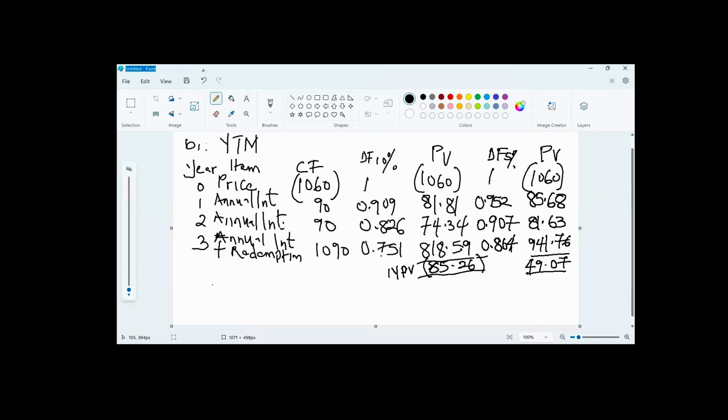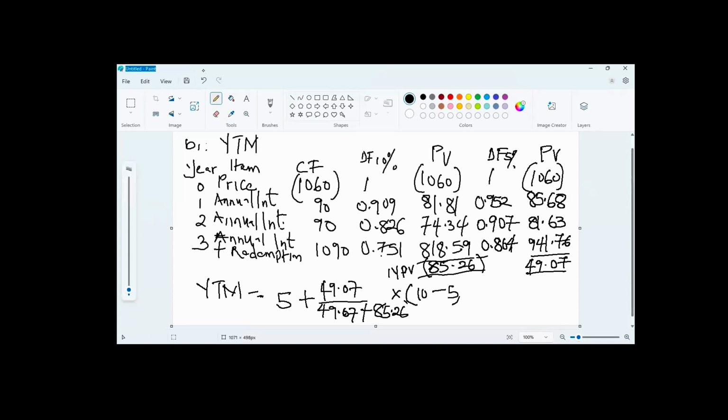We can now compute the YTM. YTM of this bond is equal to the internal rate of return: positive lower discount rate, 5 plus 49.07 divided by 49.07 plus 85.26, multiplied by open bracket, 10 minus 5.